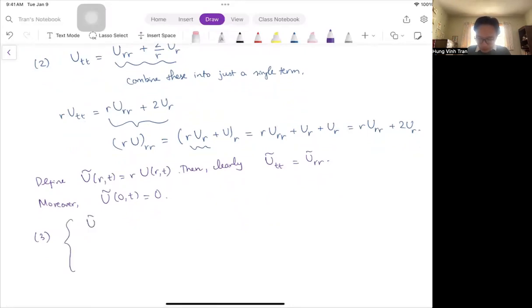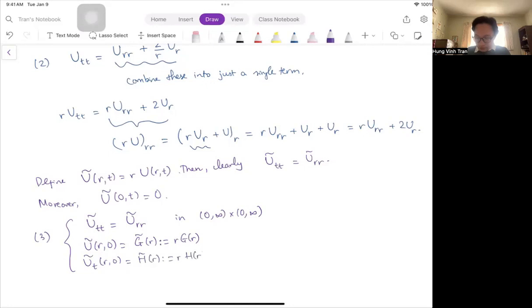That is, u tilde_tt equals u tilde_rr in the first quadrant, so in 0 to infinity cross 0 to infinity. u tilde at r,0 equals g tilde of r, which is defined to be r times g of r. u tilde_t at r,0 equals h tilde of r, which is defined to be r times h of r.